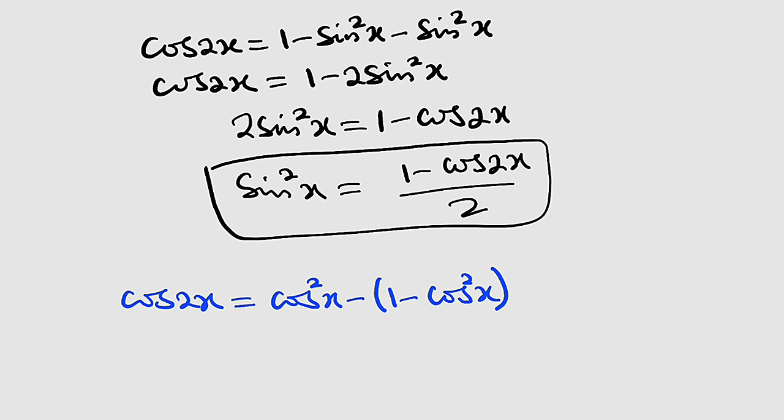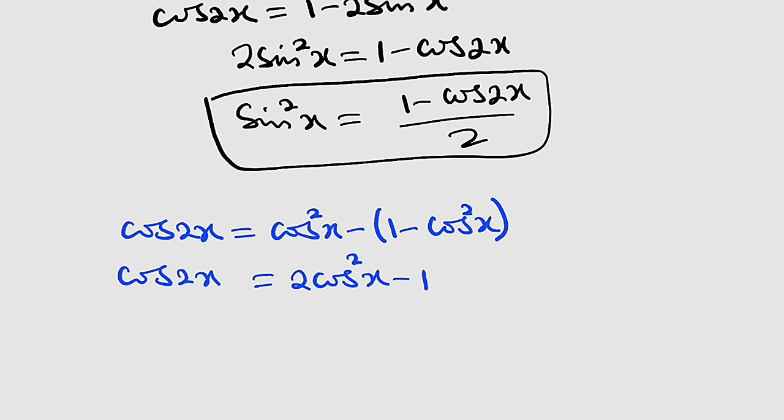If we expand the bracket, every single time will change a sign. We have minus and minus, that becomes plus. Altogether, we have 2 of this cosine²x, then minus 1. This is still cosine of 2x.